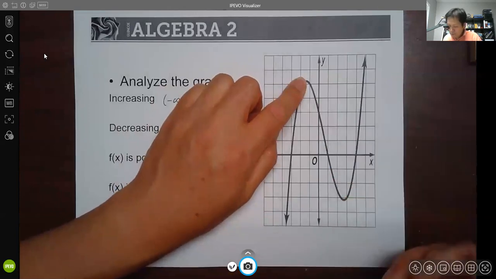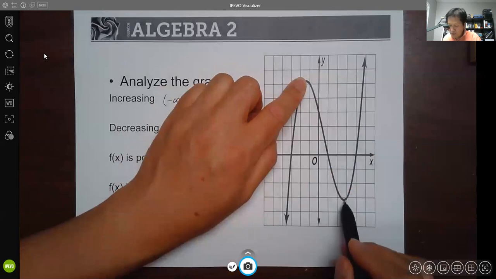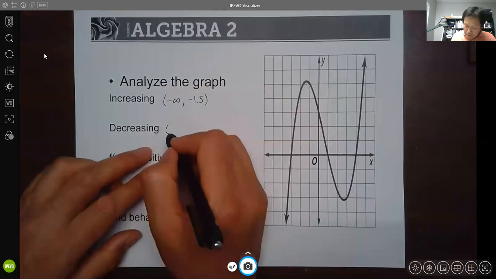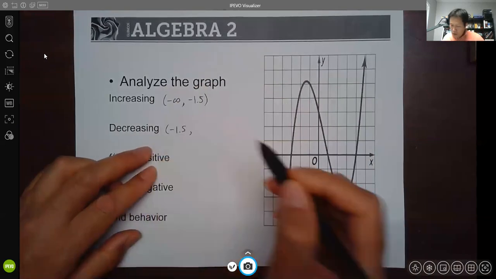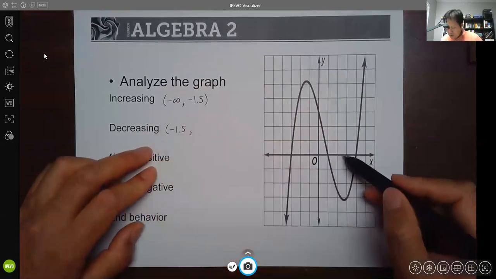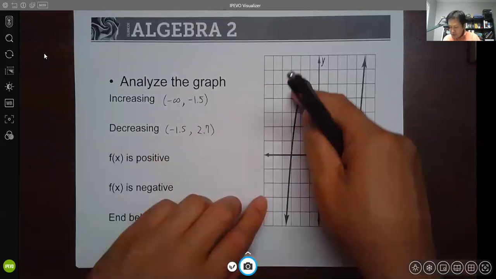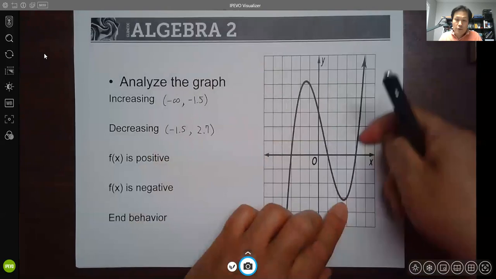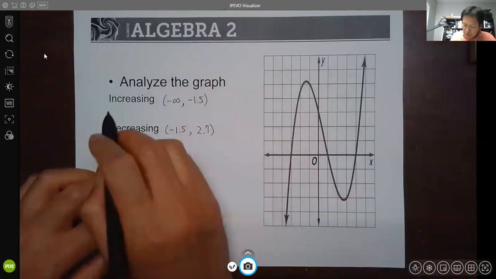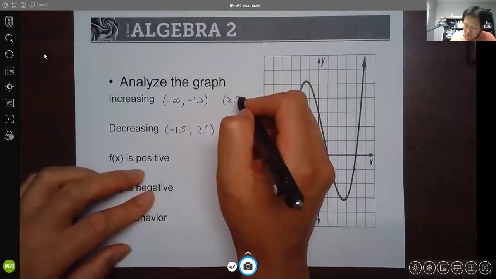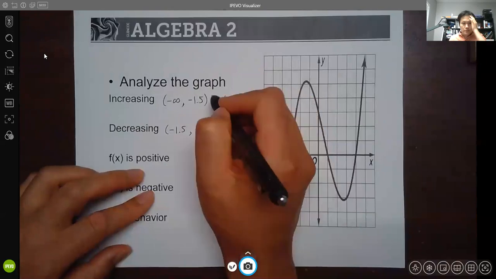That doesn't matter, it's not exactly the middle. Decreasing, then 2.7 through forever, increasing again. So 2.7 to infinity is increasing.